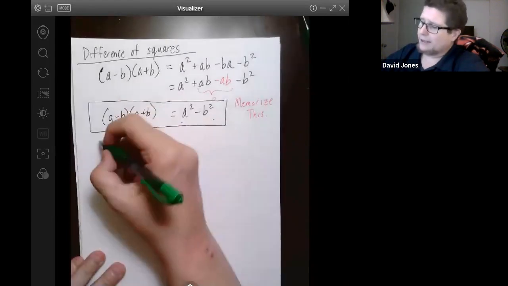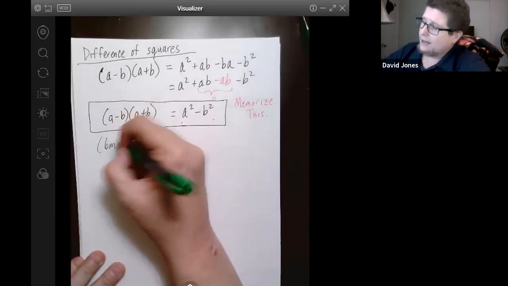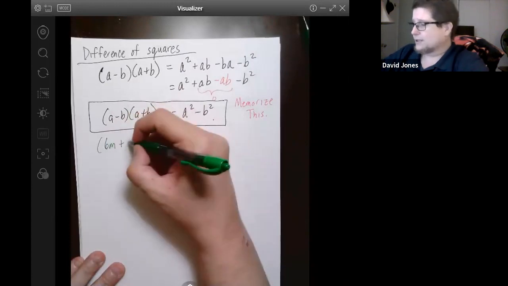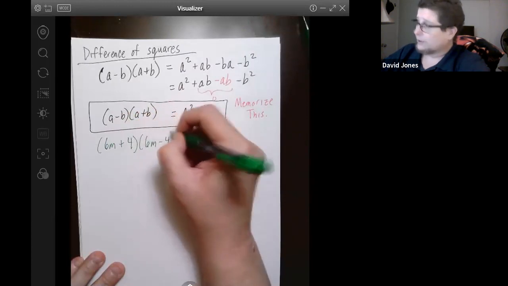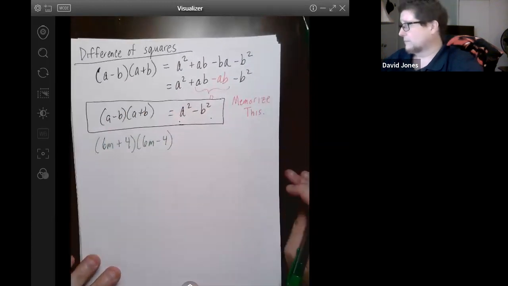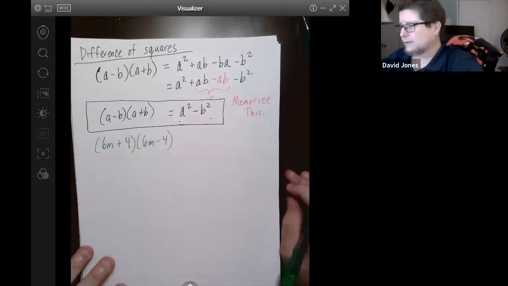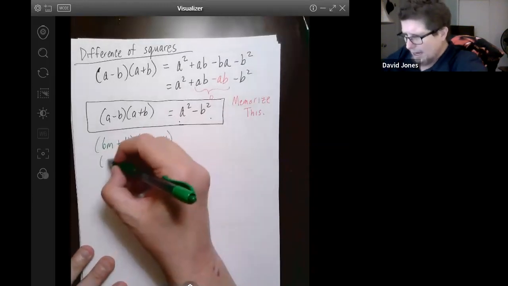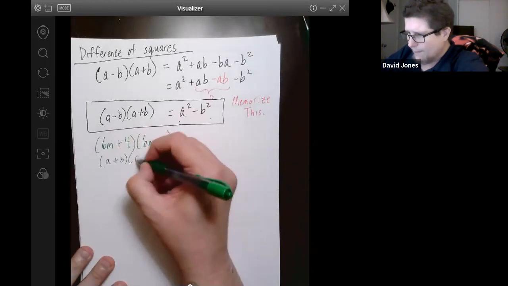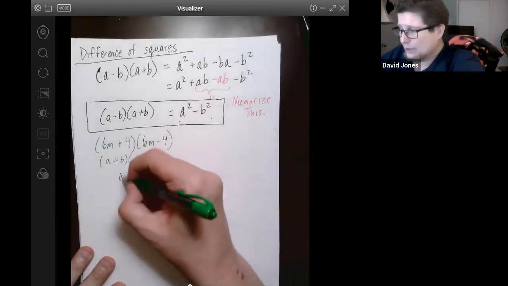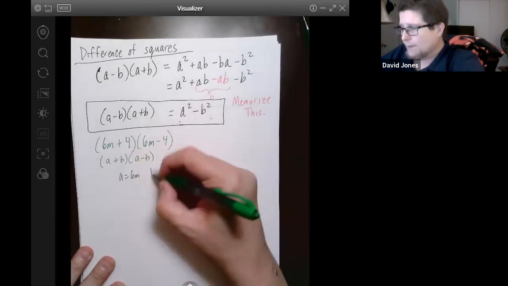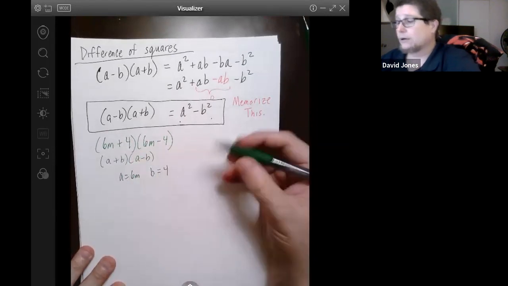If we've got something like 6m plus 4 times 6m minus 4. This is like a plus b and a minus b, where a equals 6m and b equals 4.